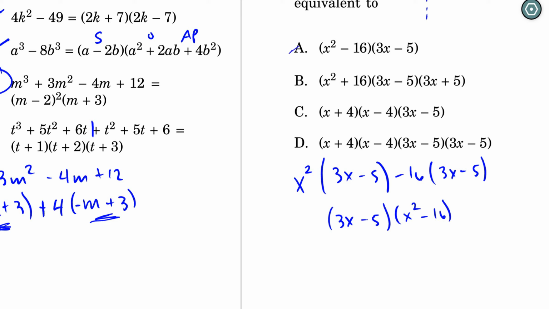Notice a choice, but again, not my answer, because I can still factor this x squared minus 16. 3x minus 5 can't factor, but the x plus 4, x minus 4 is the factorization of that x squared minus 16. So we wind up having choice C.